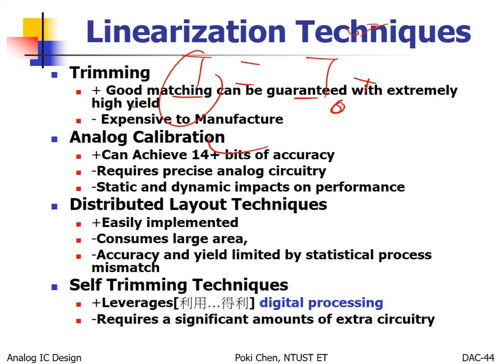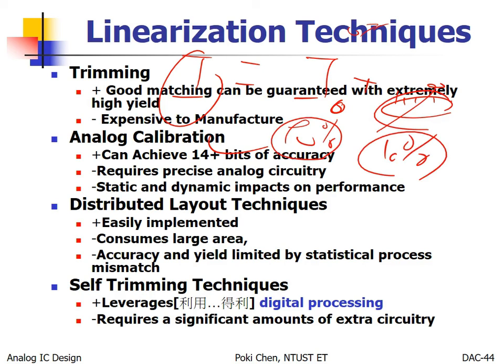Then some of the current sources are turned on or off, usually minor weighted, to compensate for the variation after fabrication. But for example, here are 90%. Don't tell me you have 10% for tuning. No, much more than that.